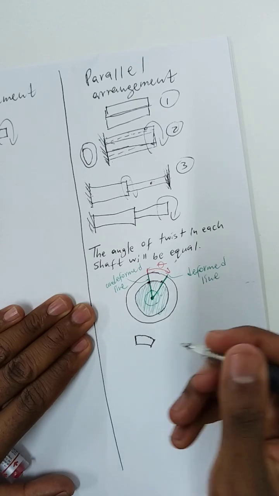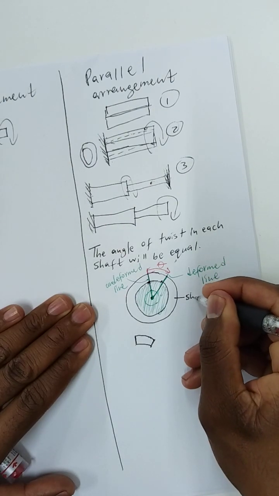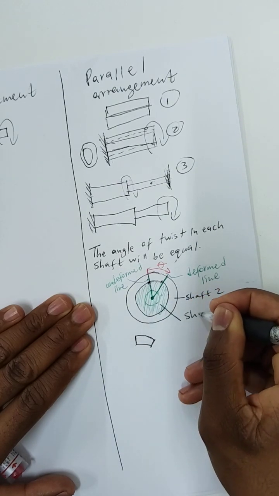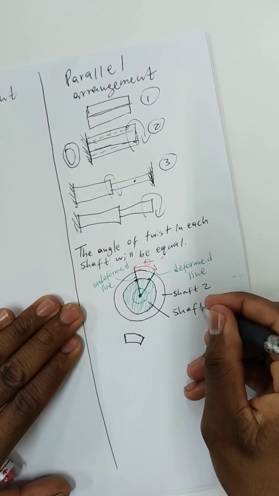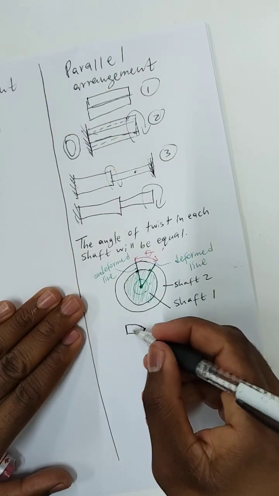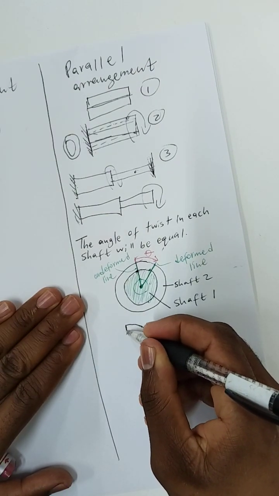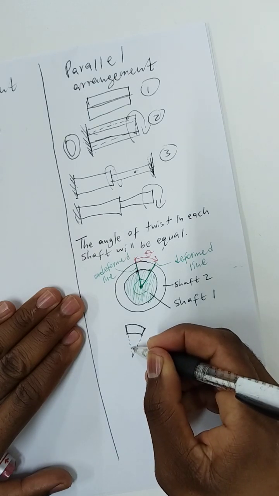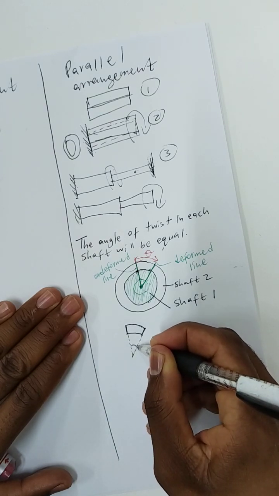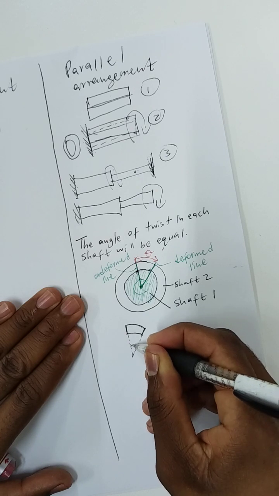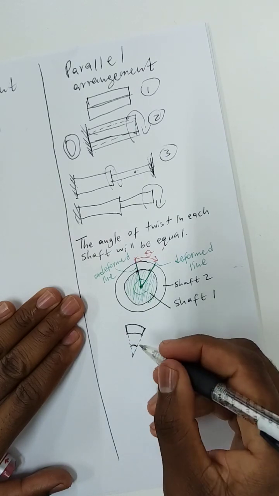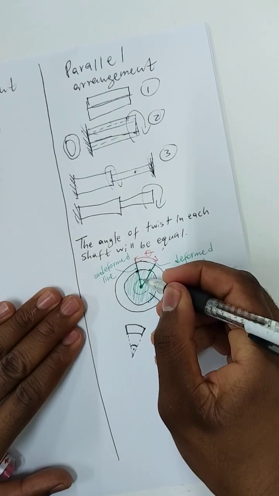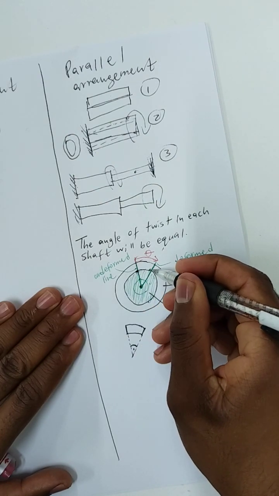This is for maybe let's say shaft 2, shaft 1. Then if you project this line like this and this line like this, where these two lines meet, there will be an angle formed. That angle formed will be the angle of twist. So this angle is the same as this angle here.